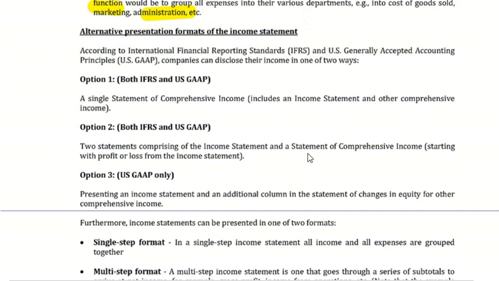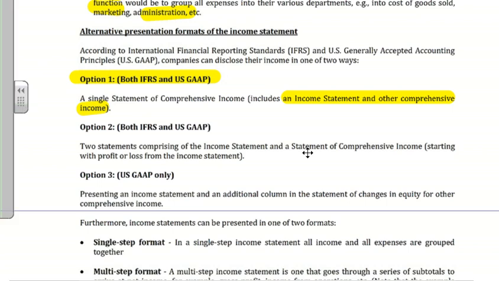We've got alternative presentation formats for the income statement. Option 1 is allowed by both IFRS and US GAAP. We've got one statement, a statement of comprehensive income, including an income statement as well as a statement of other comprehensive income.